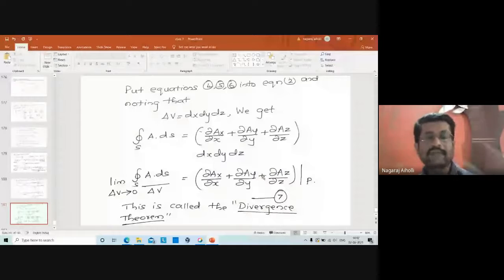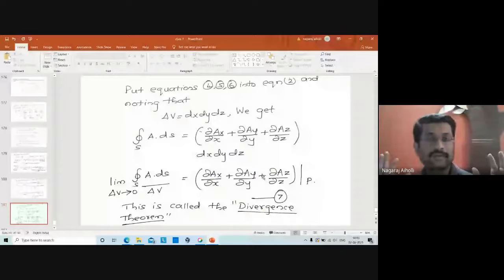If I take a closed surface, it may be a sphere or a parallelepiped, a rectangular closed surface, it may be any closed surface, and if I want to find the total flux coming out from that surface, then that is nothing but this: if I consider some point in that surface and integrate the flux from that point over the entire volume, then both are one and the same.